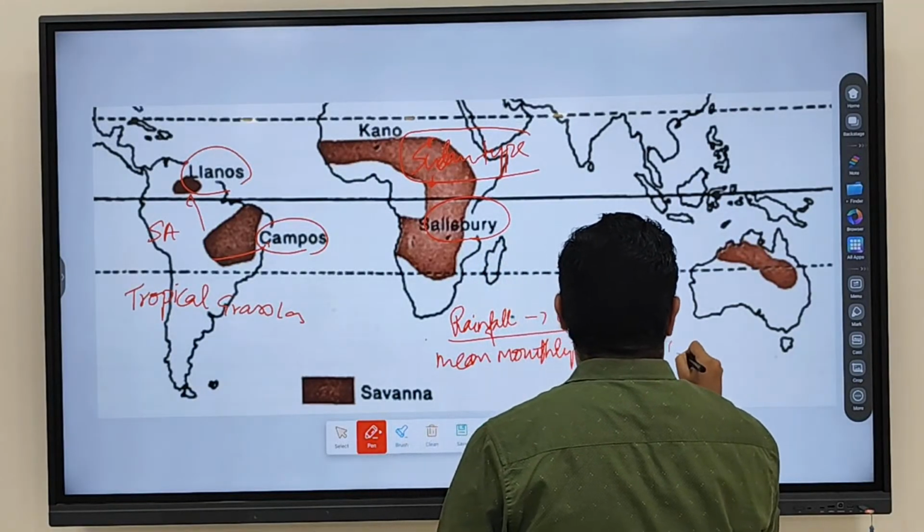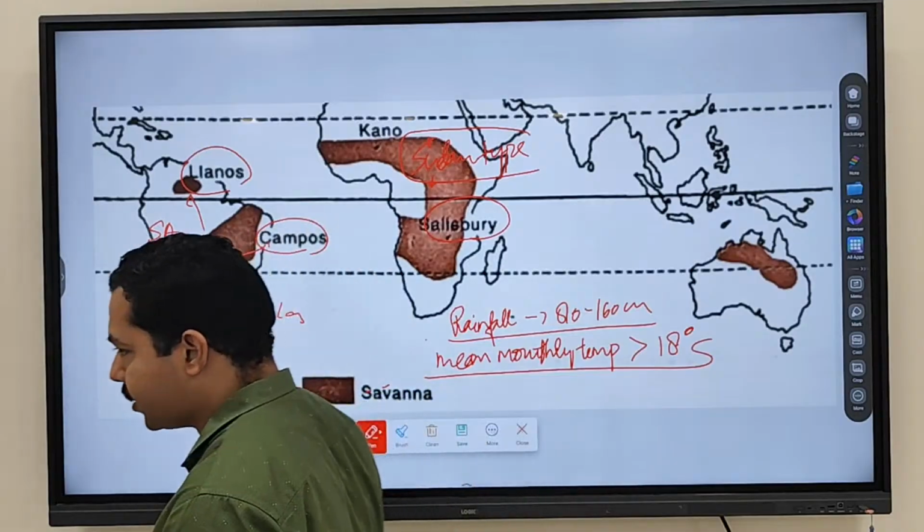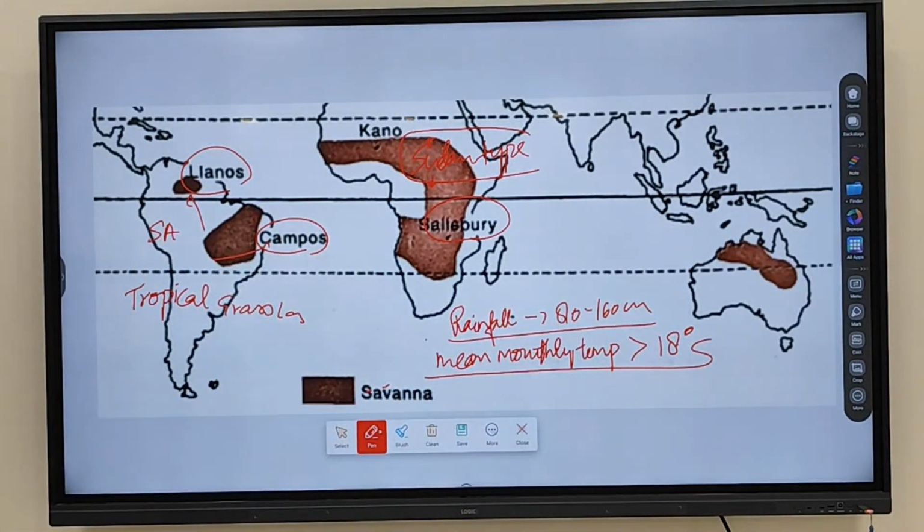Mean monthly temperature is greater than what? 18 degrees Celsius. So hot conditions are prevailing. Rainfall is not very high, it is moderate, 80 to 160 centimeters of rainfall.